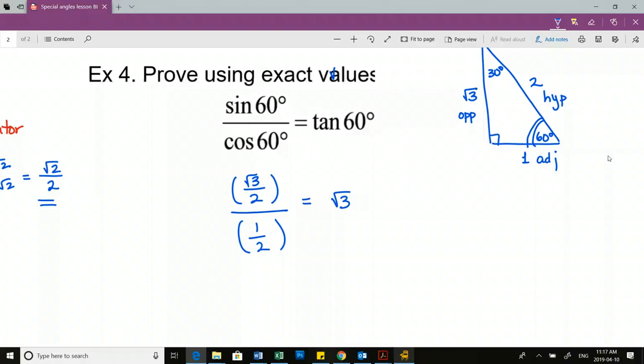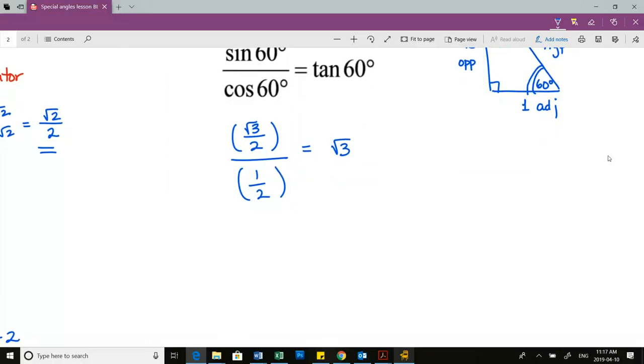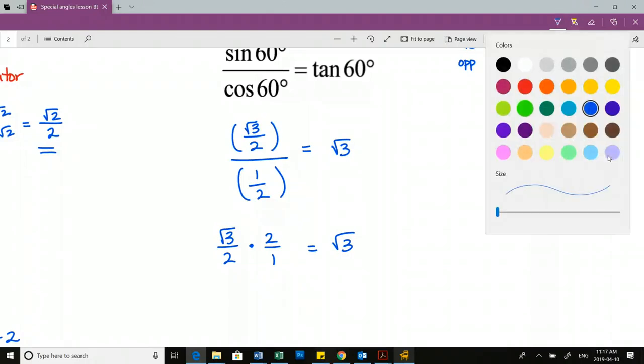Okay, so now my job is just to prove that when I simplify on the left side over here, I end up getting the square root of 3. I end up getting the same thing. So what do I do when I'm dividing two fractions? What's the rule? Flip both of them or one of them? Just the second one. Okay, good. So I'm going to flip the bottom, and then I can change to multiplication. Do you guys notice what's happening now on the left side?